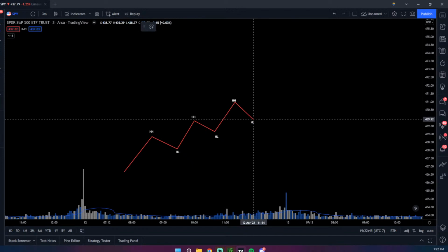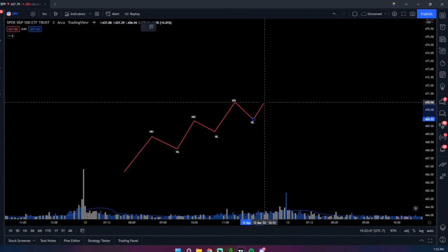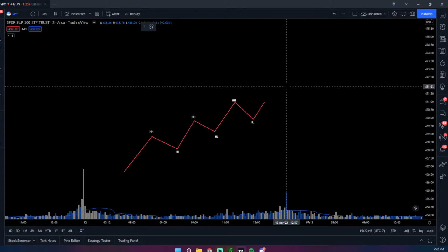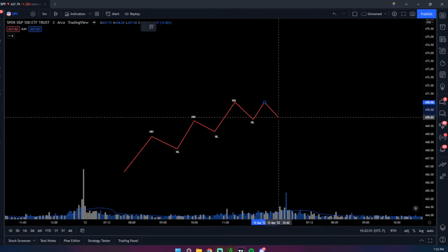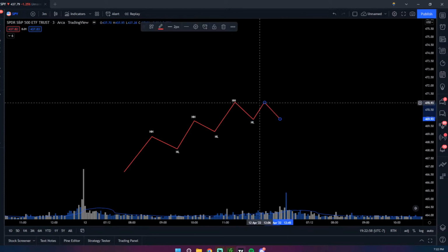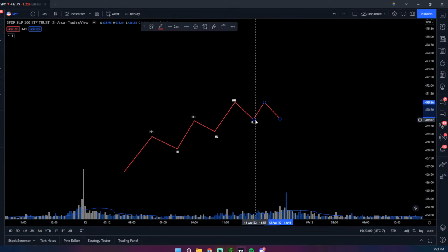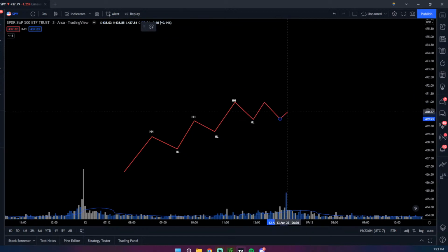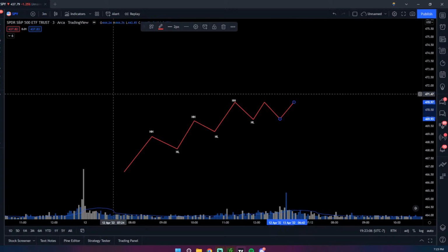But then we don't make a higher high, and then we don't make a higher low. Hopefully right now people are thinking, oh, double top, right? Yeah, this is a double top. This is a double bottom. And then now we have a triple top, right?